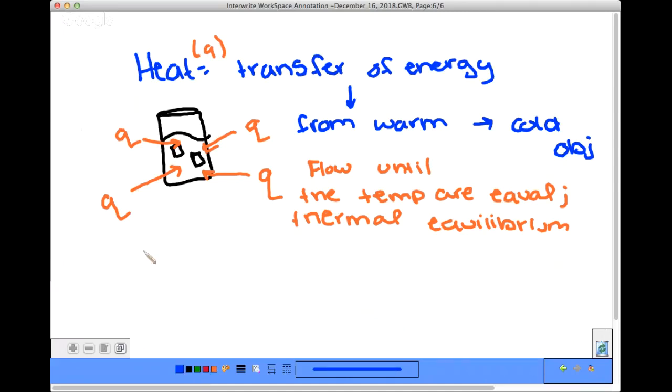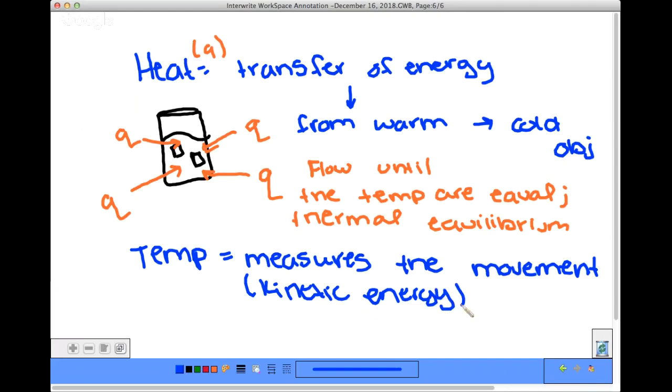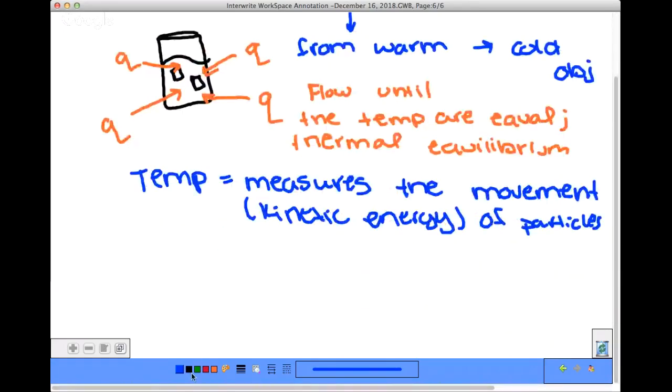Now, this compares to temperature, because temperature measures the movement, or the more proper scientific word, the kinetic energy of particles. When things move faster, they have a higher temperature.